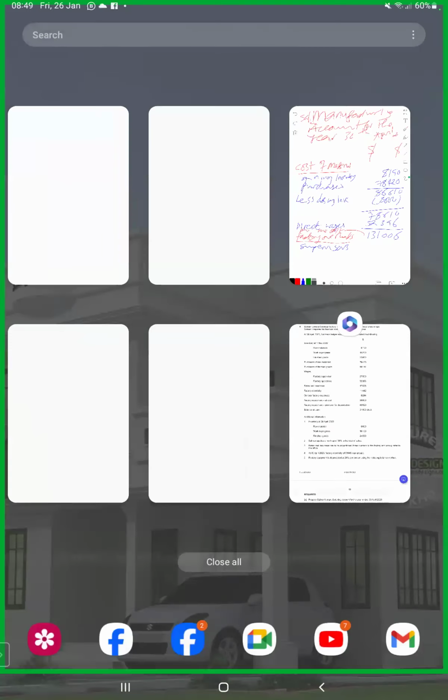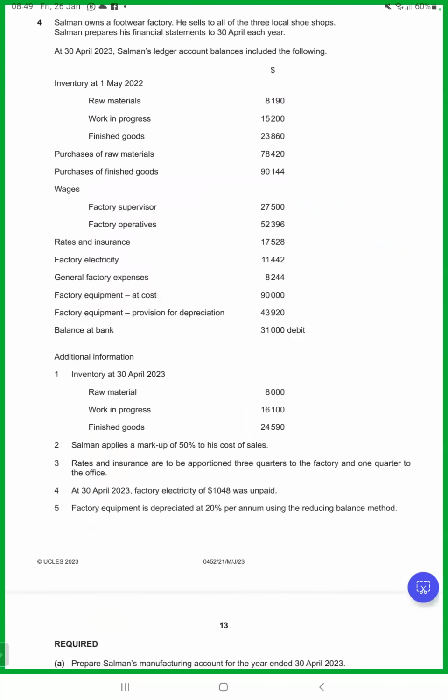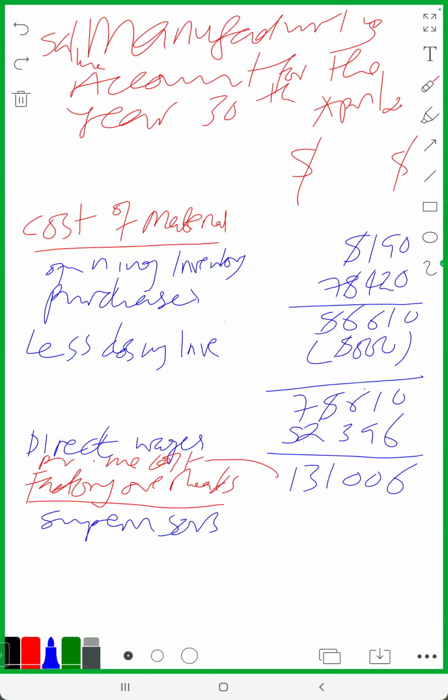You've seen the cost for supervisors is 27,500. Let me write it in. It is in the first column, sorry, not the second column.